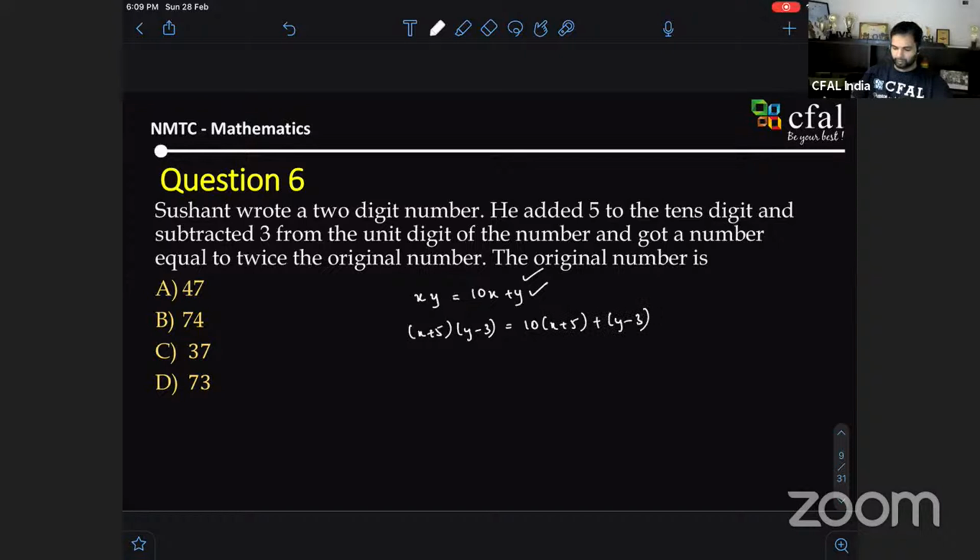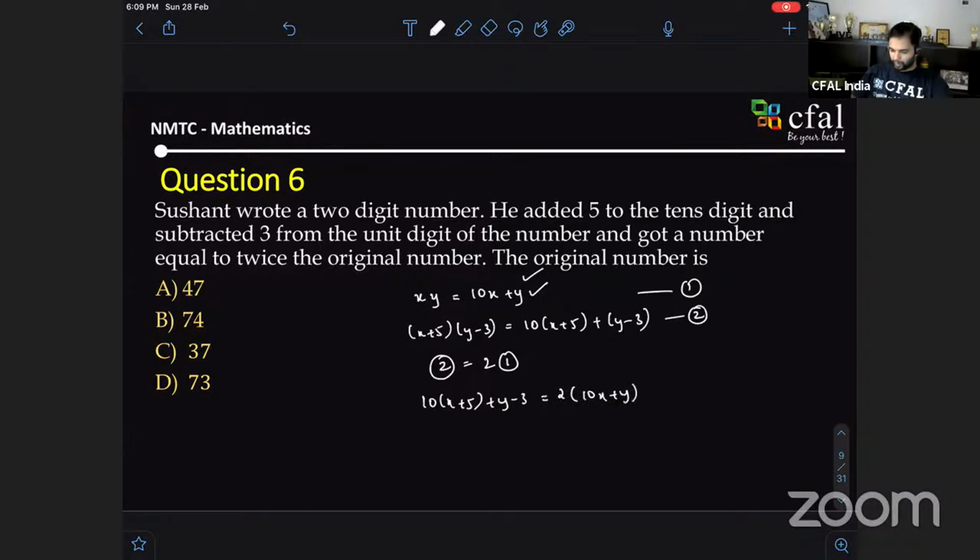Then in the statement, it is given that the new number is equal to twice the original number. So the second equation is actually equal to twice the first equation. That's what is given, right? Yes, sir. So we simply write down the equations and try to solve them. So y minus 3 is equal to twice 10x plus 1.